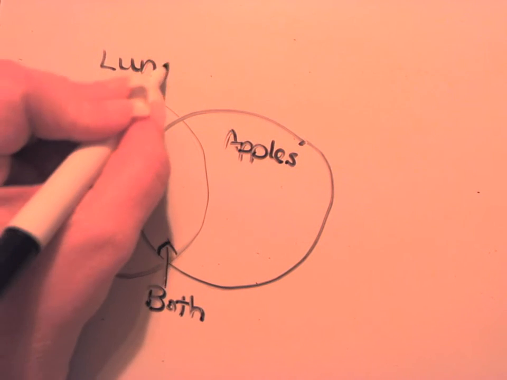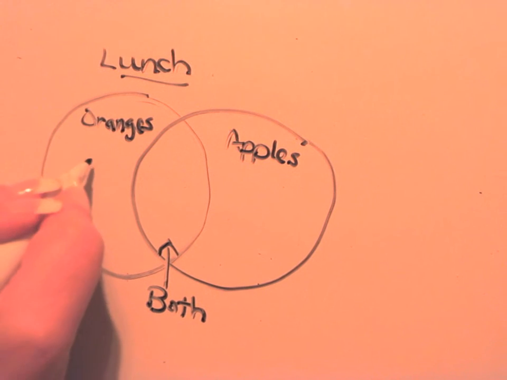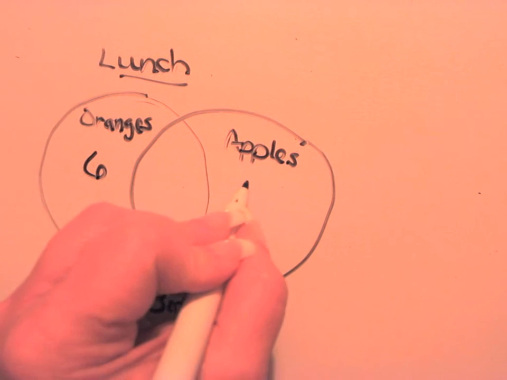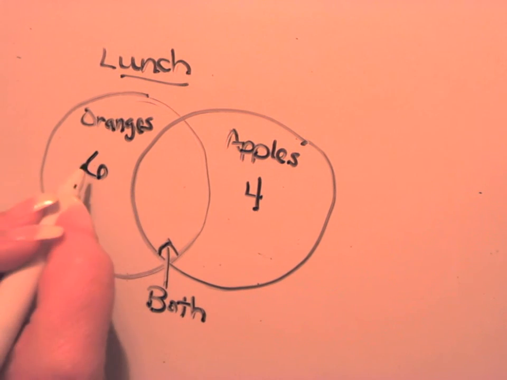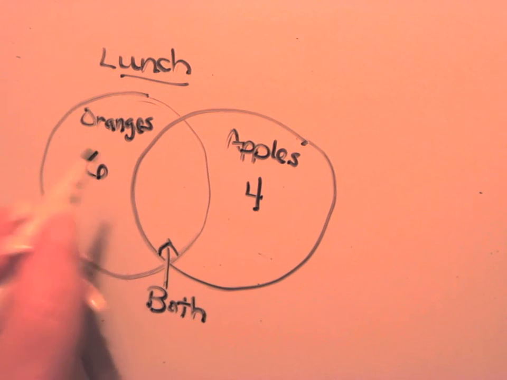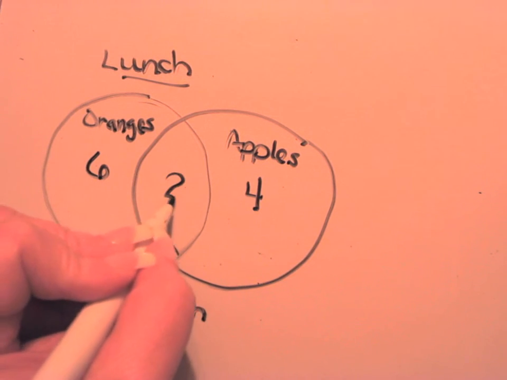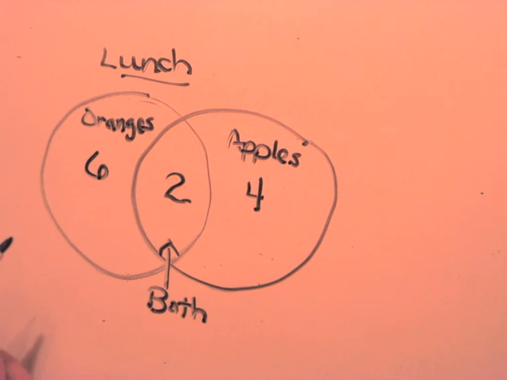For lunch we might have 6 students that had oranges and 4 students that had apples. And there were some kids that had both oranges and apples. So let's say there's 2 that had both oranges and apples in their lunch.